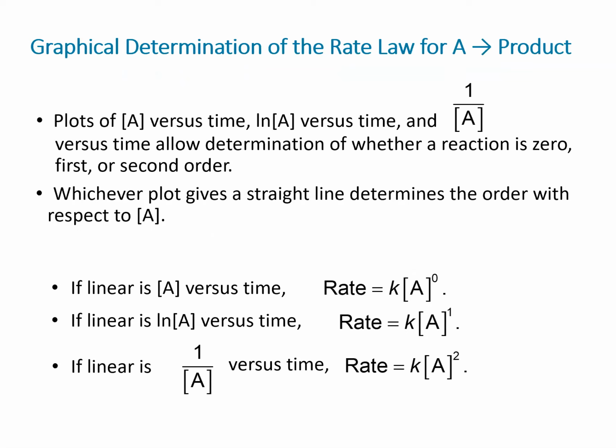And the final slide of this lecture, remember that we need to be able to do graphical determinations of rate law based on those linear plots. So a plot of concentration of A versus time, a plot of the natural log of A versus time, and a plot of the inverse of the concentration of A versus time allow us to determine whether or not a reaction is 0 order, first order, or second order experimentally.